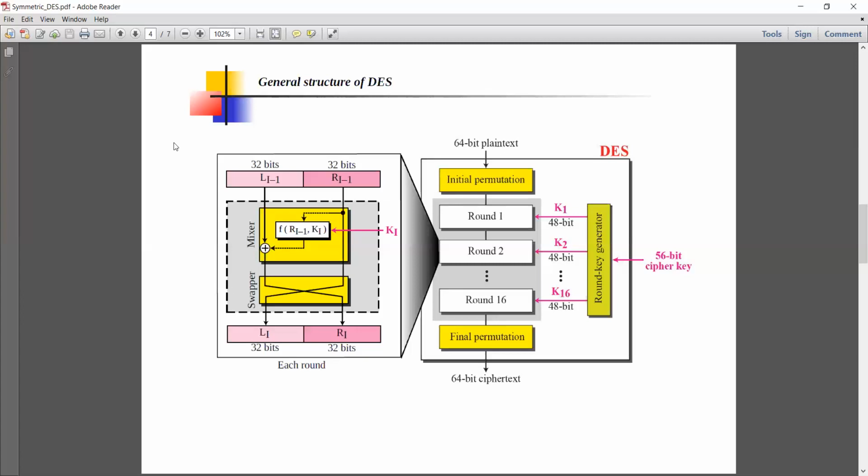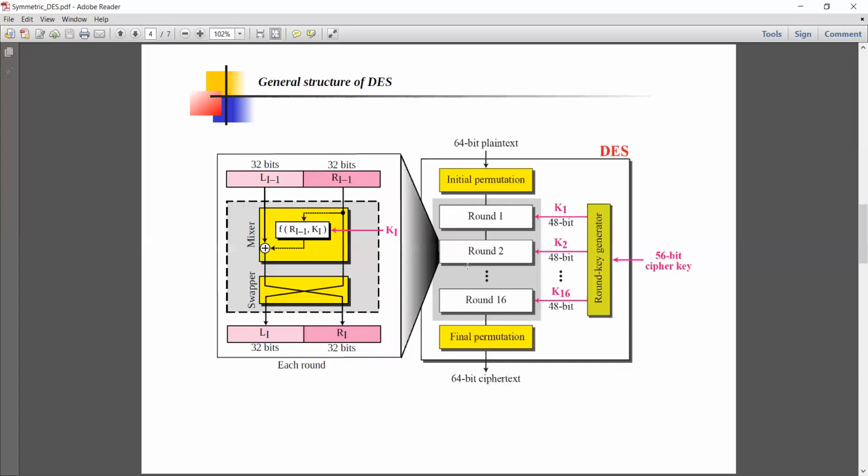One is called the left plain text, LPT, and the other is called the right plain text, RPT. Each of these LPT and RPT goes through 16 rounds of the encryption process. At the end, LPT and RPT are rejoined and the final permutation is performed on this combined block. The result of this process is the 64-bit ciphertext.